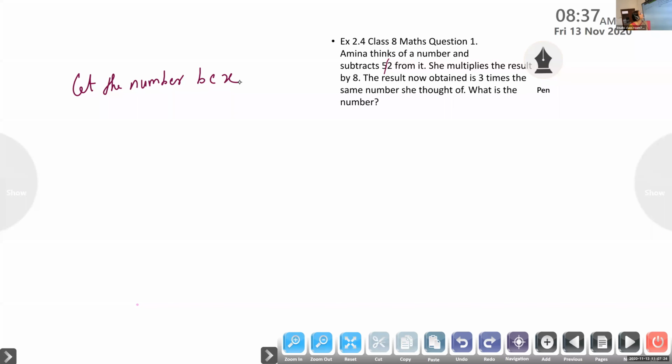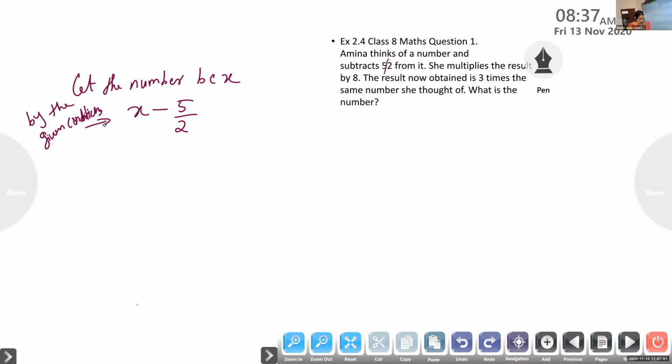Subtracting 5 by 2 from it. So, x minus 5 by 2. By the given conditions, we can write x minus 5 by 2.